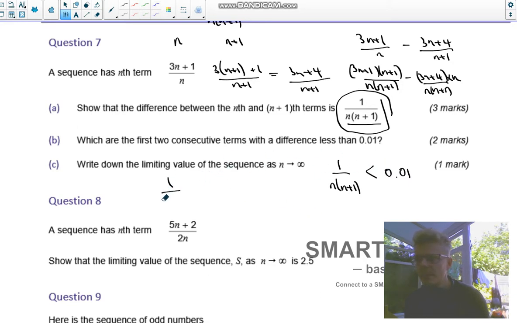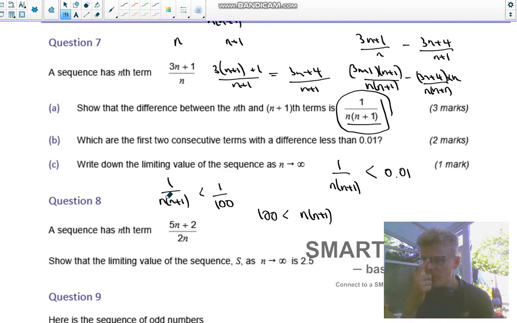So we write it as 1 over n times n plus 1 less than 1 over 100. Okay, and then we can write that as 100 has got to be less than n times n plus 1. Now sometimes there's an issue with multiplying through by denominators with inequalities, because we don't know whether this is positive or negative.